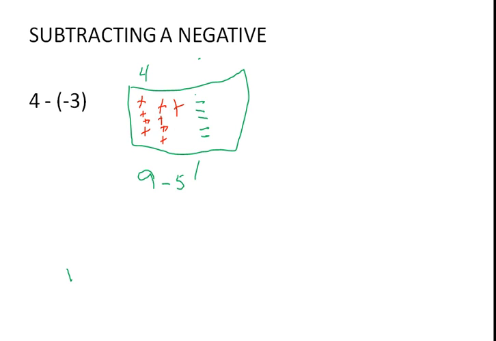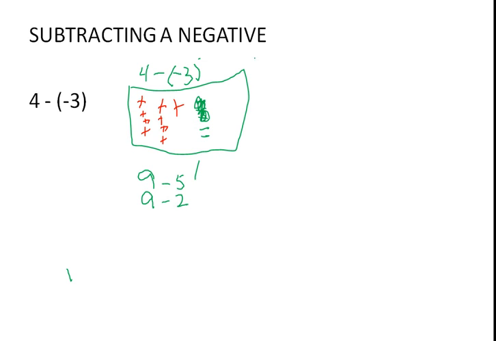Now, with this 4, we want to subtract. We want to take away, or remove, 3 negatives. So to remove is to subtract. So from this 4, we're going to remove 3 negatives. So let's remove this negative, and this negative, and this negative. So now what we have is 9 positives minus 2 negatives.